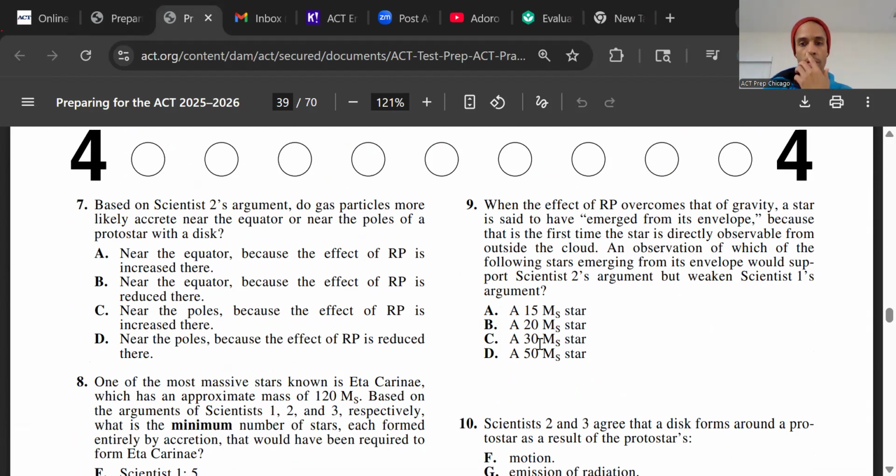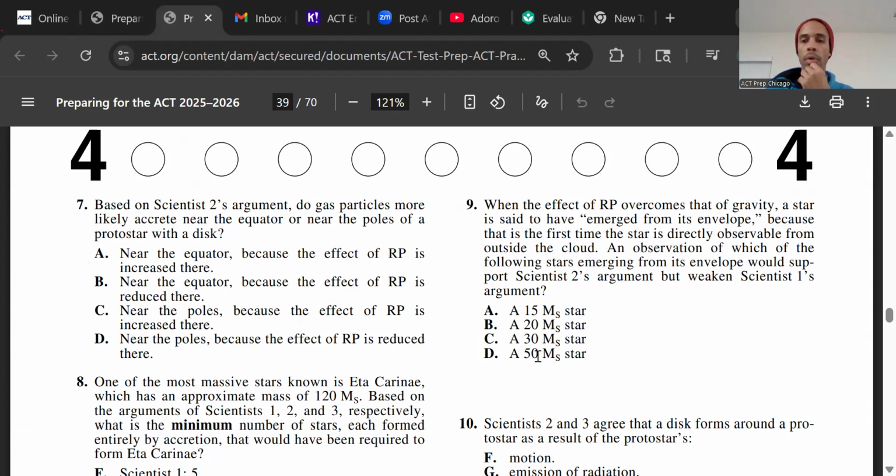If you saw a 30 M-sun star that was formed by accretion, you would say, oh, that's not possible because scientist 1 said the largest was 15 or 20. The reason 50 doesn't work is because if you said a star was 50 M-sun formed by accretion, scientist 2 would say, oh, that's not possible because the largest a star could be by accretion was 40 M-sun according to scientist 2.